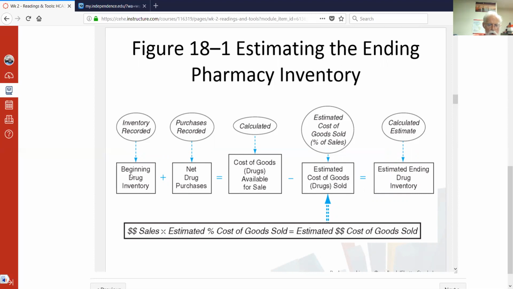The recorded inventory has a price on it. Purchases has a price on it. So we know this. Estimated cost of goods sold: here we are estimating how much we're going to sell in the period. So then we can, from that, have an estimated inventory at the end of the period.